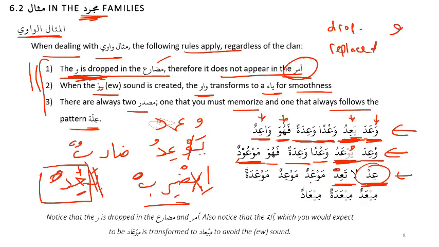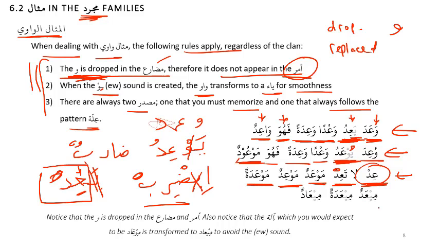And in the table before, I said these are the ismul zarf: maw'adun, maw'idun, maw'adatun. If you remember our lesson on ismul zarf, these are the patterns: maf'alun, maf'ilun, maf'alatun. Those are the three ways in which ismul zarf can appear.